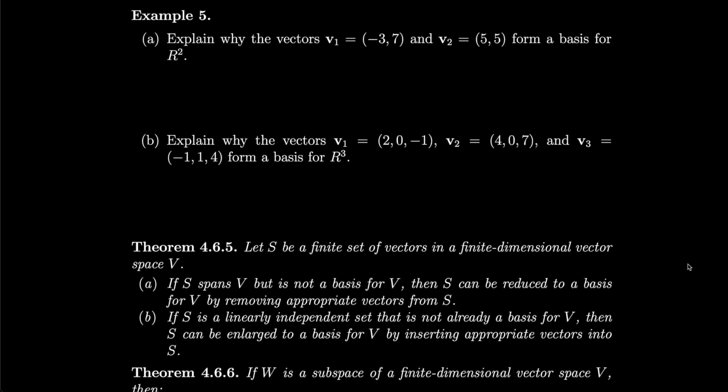Okay, so let's explain why the vectors v1 and v2 form a basis for R2. Well, notice if I were to try to multiply -3 to get 5, now there's no way that I'm going to be able to multiply that same number to get 5 for 7.